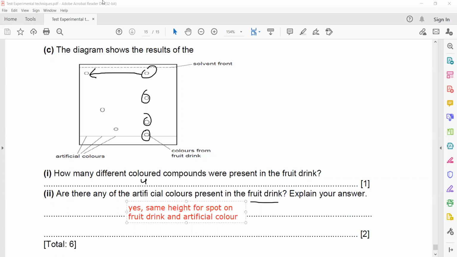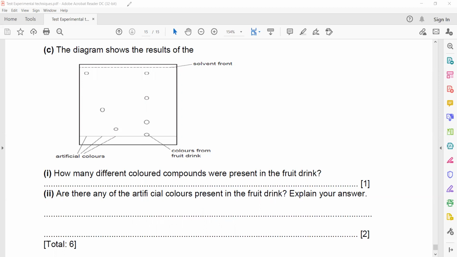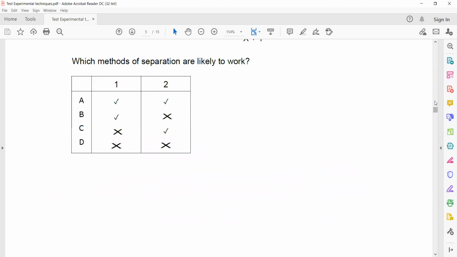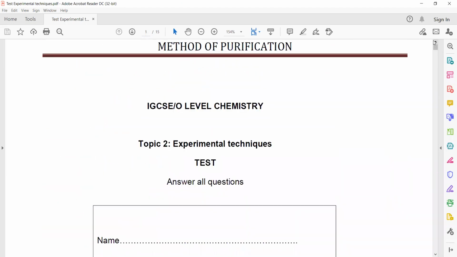One of the artificial colors and the fruit drink have the spot at the same height, or you can also say the same Rf value. So that's why it is also present in this fruit drink. So this was the test related to the topic experimental technique.